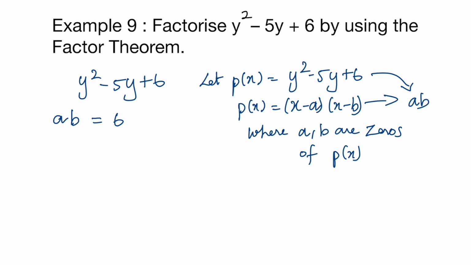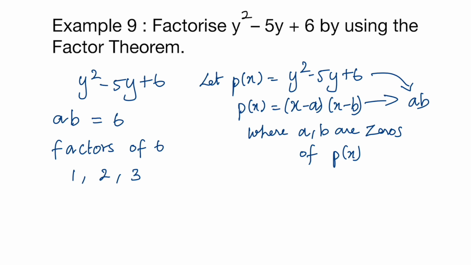Now you are going to find the factors of 6. What are the factors of 6? 1 obviously is a factor of 6, and 1 is a factor of every number. Then 2 is a factor of 6, since 2 times 3 is 6, and 3 is also a factor of 6. So these three are factors of 6.